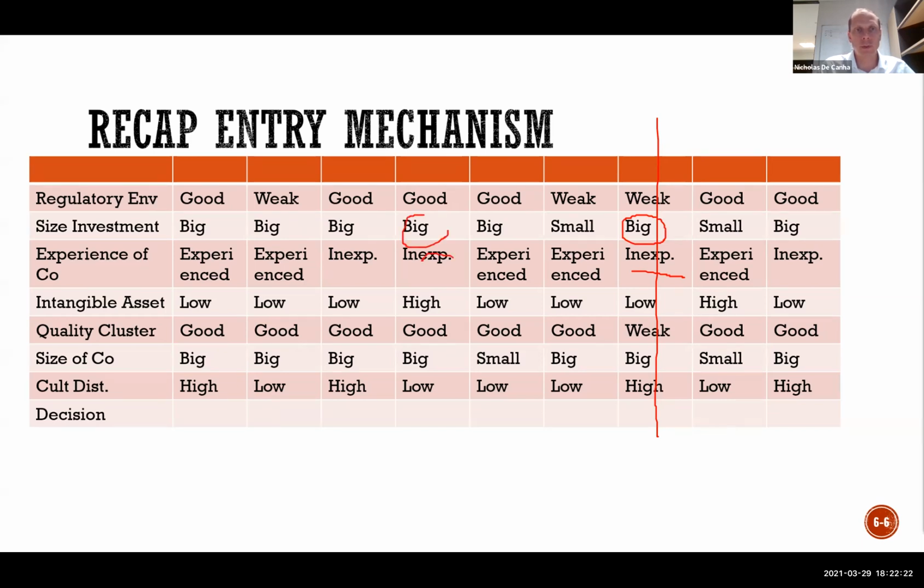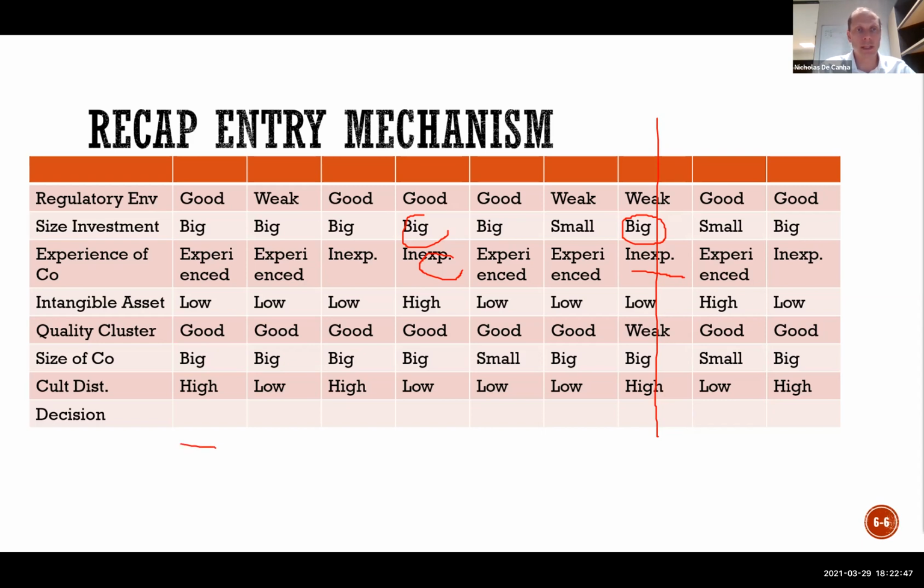So a big investment where you're inexperienced, and now, as you pointed out, you're in a weak regulatory environment. So things just look worse and worse, right? You go, I'm not 100% sure. So in principle, as you add up negatives, things that make it more difficult, these overall become very difficult.